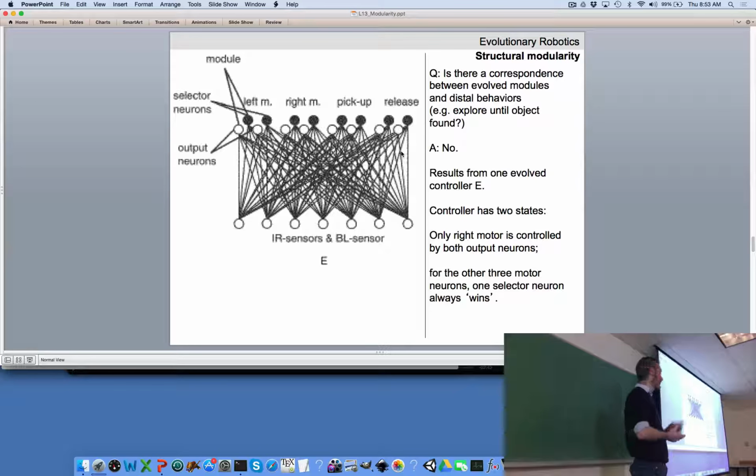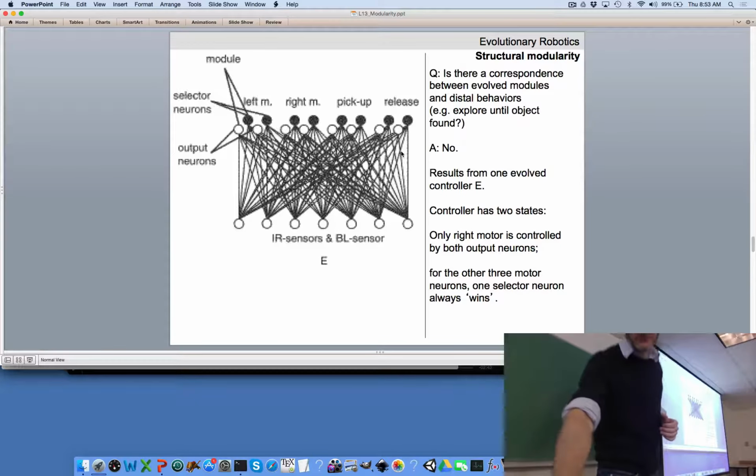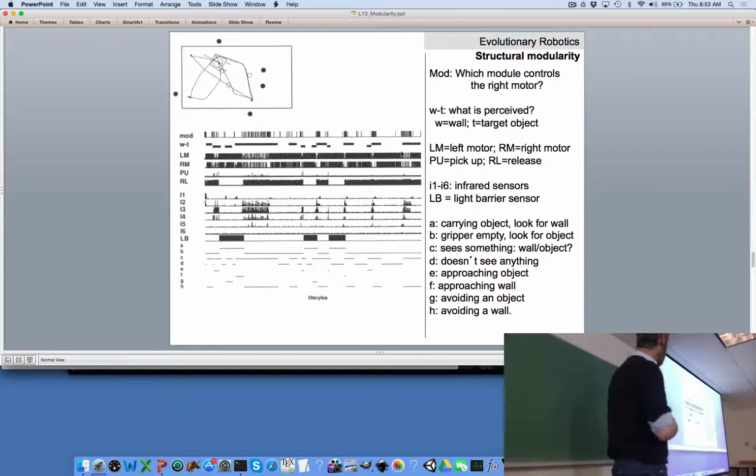Or maybe these 2 modules correspond to when the robot is driving around in the arena and what the robot does when it's facing a wall. That's another partition that we could think of, right? Which one is it? Mother Nature is always smarter than us poor humans. It's extremely difficult to figure out what 2 subfunctions these 2 modules correspond to.